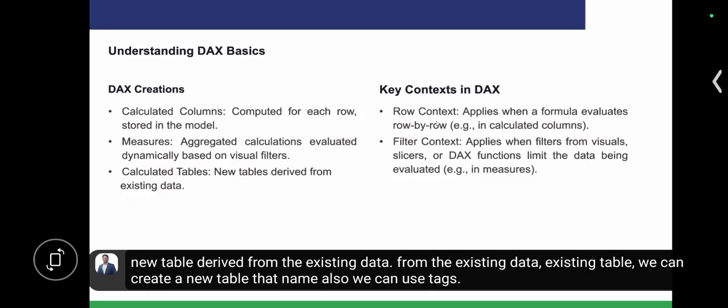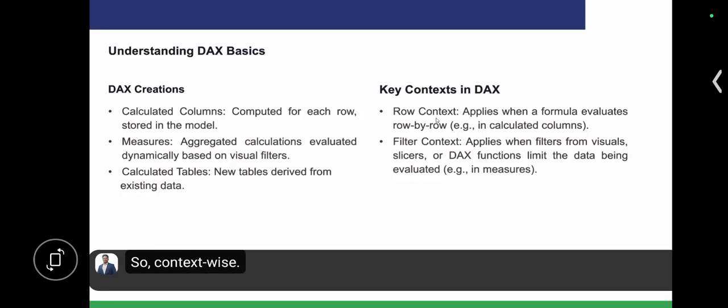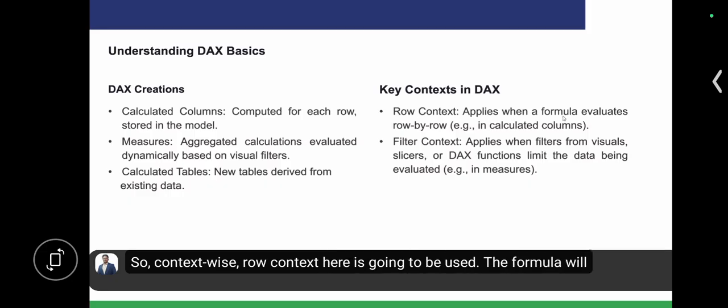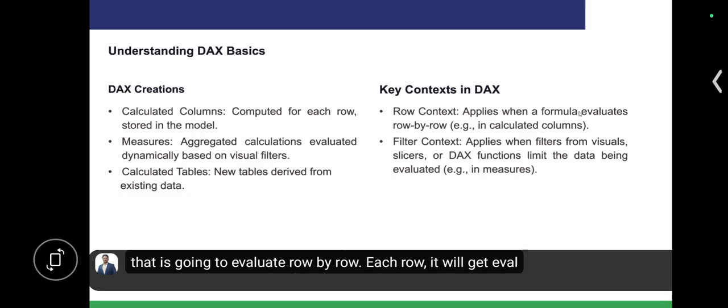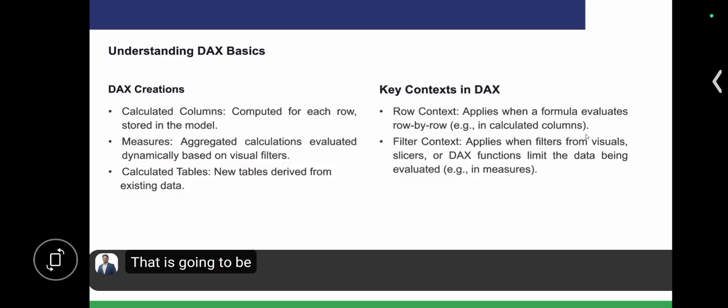Context wise, row context is where the formula gets applied and evaluated row by row. Each row it will get evaluated. That is for calculated columns.